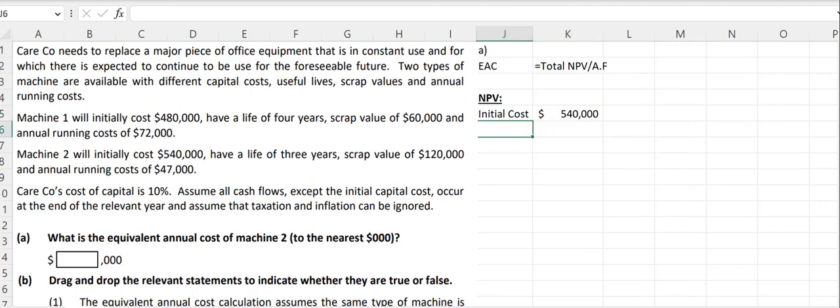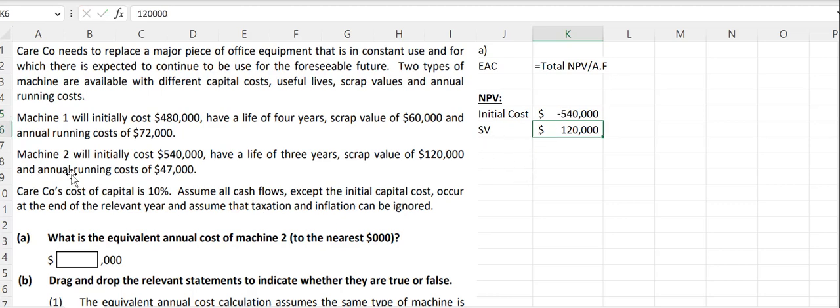Then we have scrap value at the end of the life of the machine, which is 3 years. So scrap value is $120,000. And since initial cost is a cash outflow, we should be writing it as a negative figure.